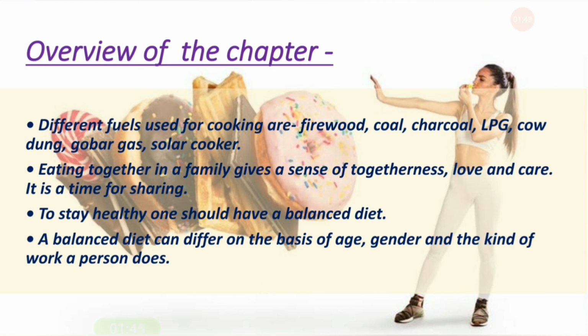If you are a player, you have a different kind of diet, and if you are an office goer, you have a different balanced diet. So these are the important topics of the chapter.